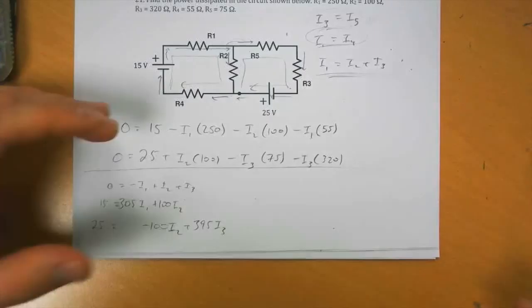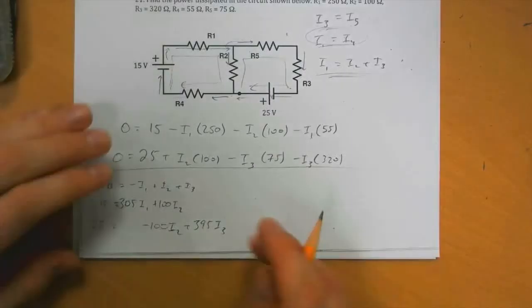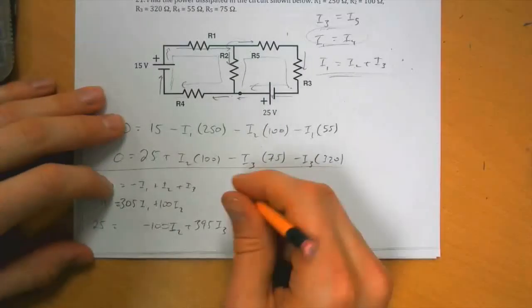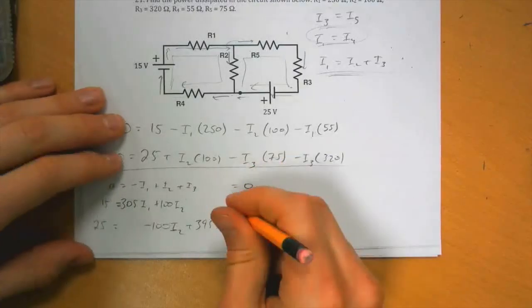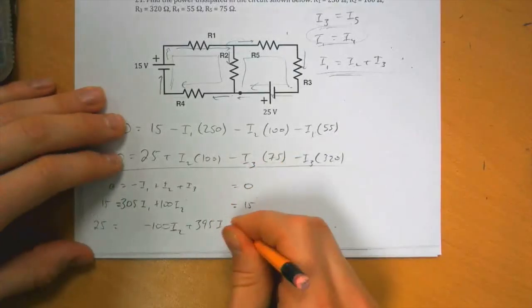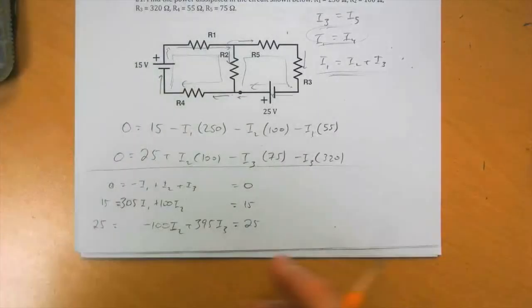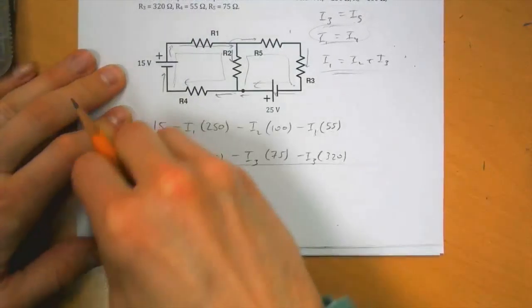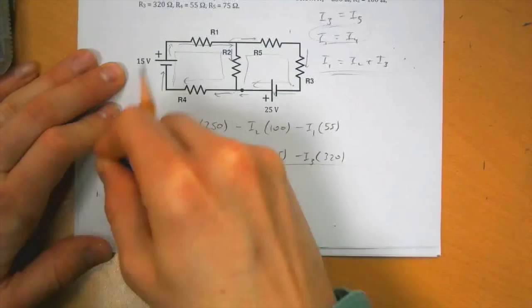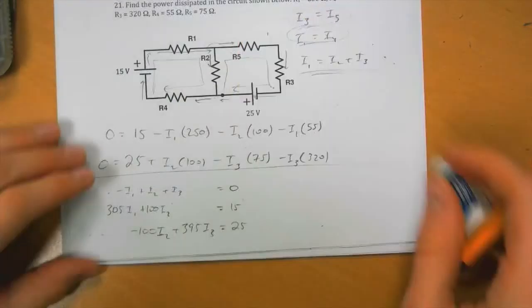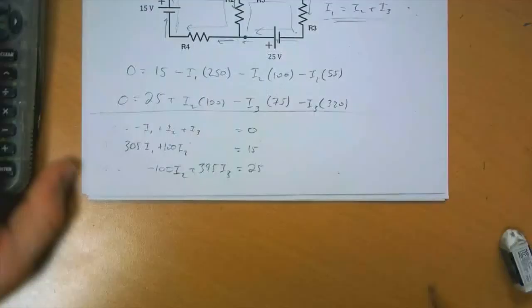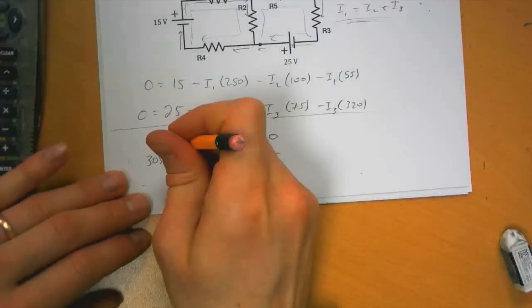And just like I taught you the other day, we can write this as a matrix. For the matrix, you have to have your numerical answers over on the right side. So I'll do that with my equations, put the answers on the right side instead of the left side. And then we can put that into the matrix in our calculator.